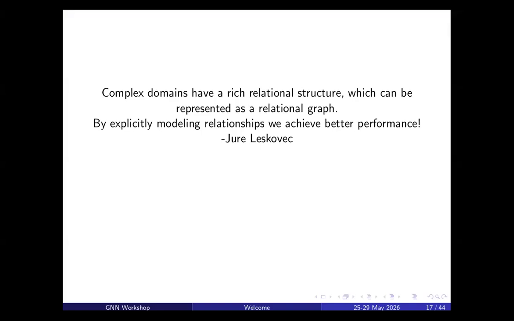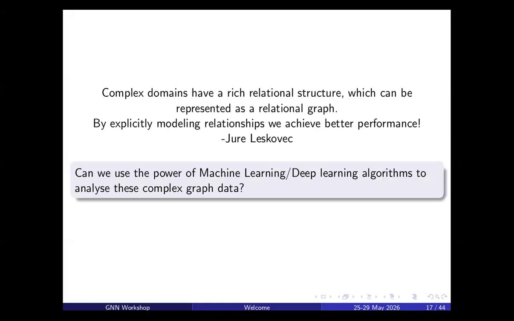So how can the power of computation be used to analyze this data? More specifically, how can machine learning, one of the powerful tools to analyze this kind of big data, be used to analyze data that captures relationships through the graph structure? That is the main question. So can we use the power of machine learning or deep learning algorithms to analyze this complex graph data problem?